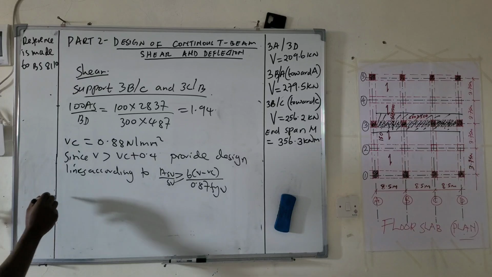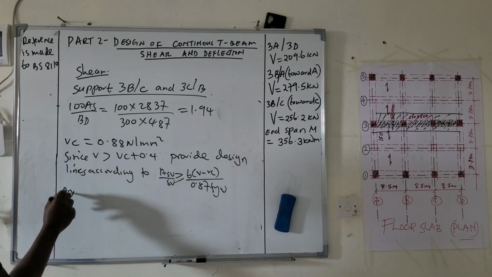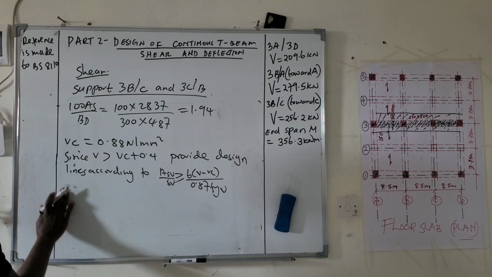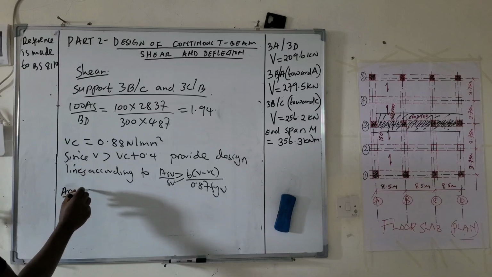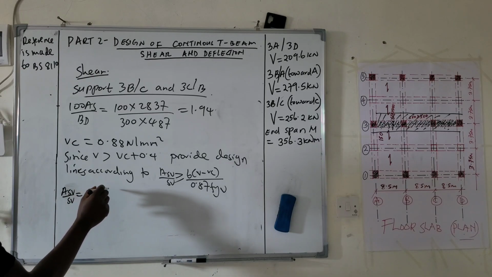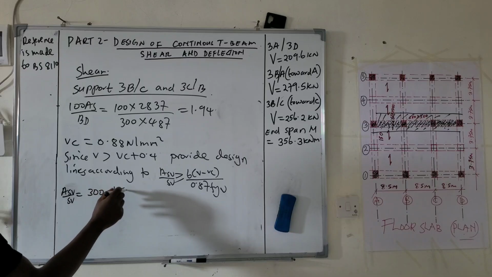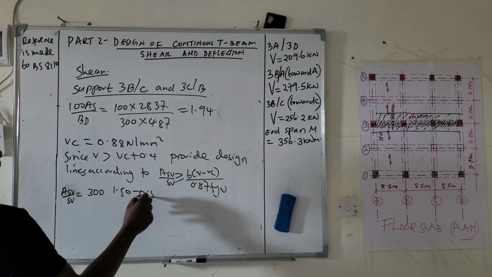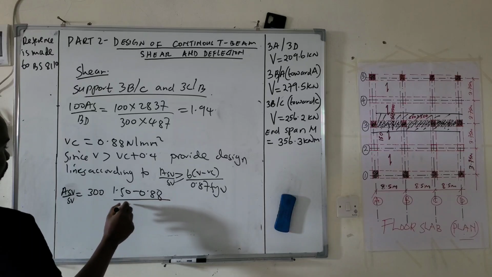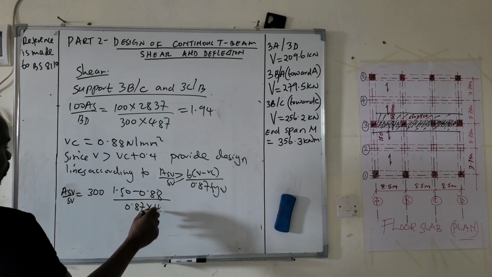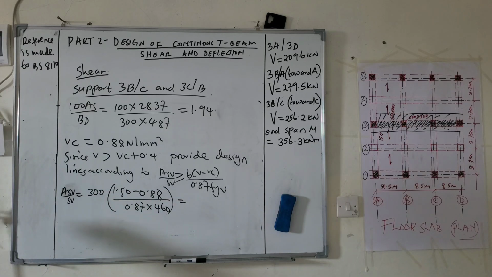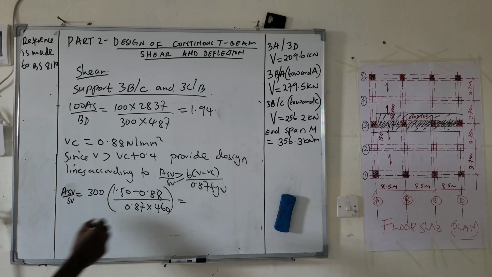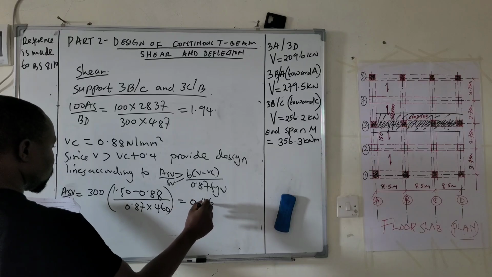So which is equal to ASV over SV is equal to B, which is 300, then V is 1.50 minus VC 0.88 over 0.87 times 460. So this one is equal to 0.465.